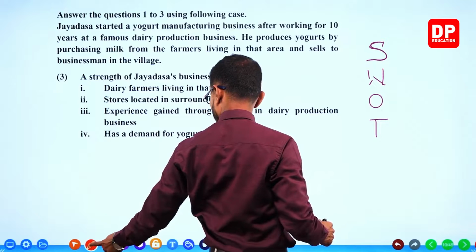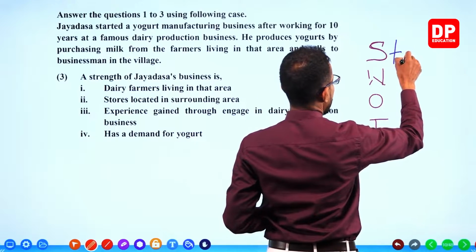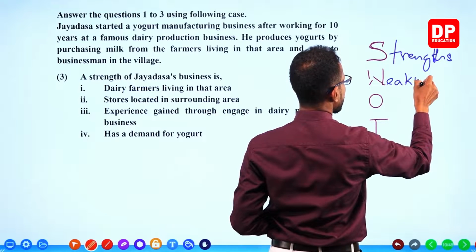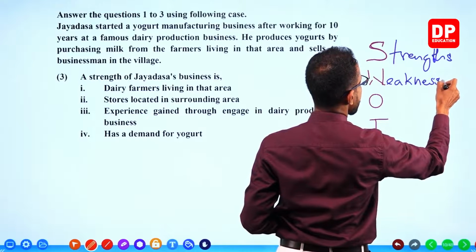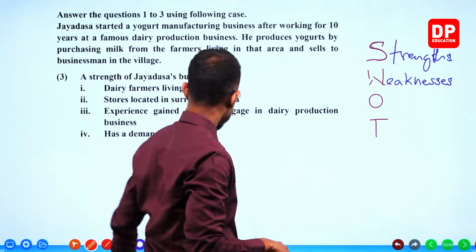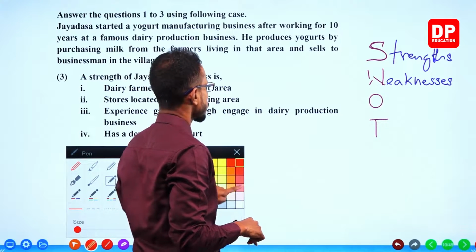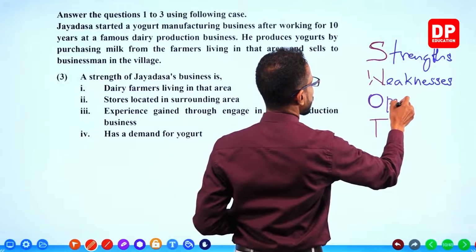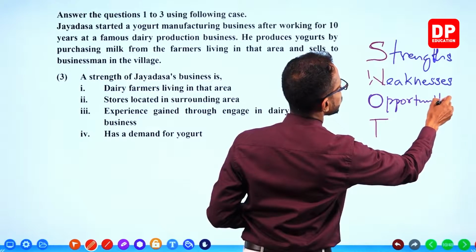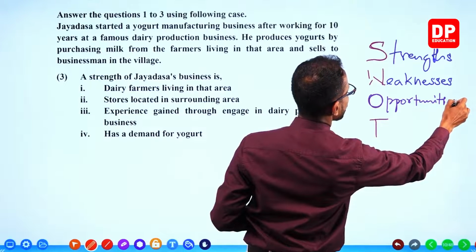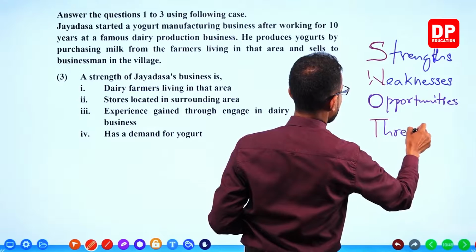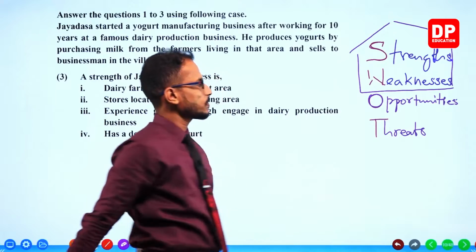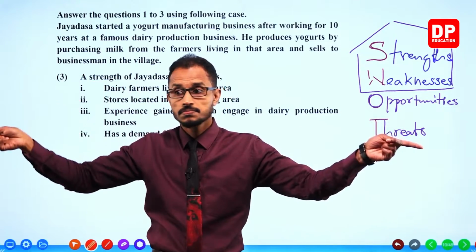What does SWOT stand for? Strengths, weaknesses, opportunities and threats. Strengths and weaknesses are in the internal environment, and opportunities and threats are in the external environment.